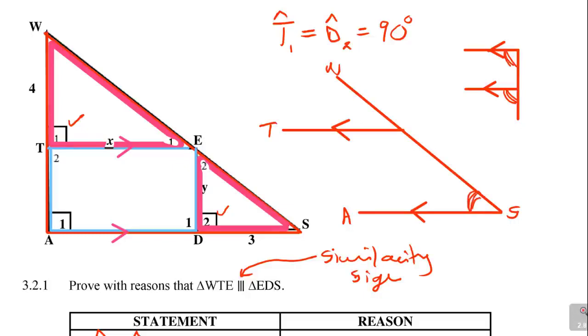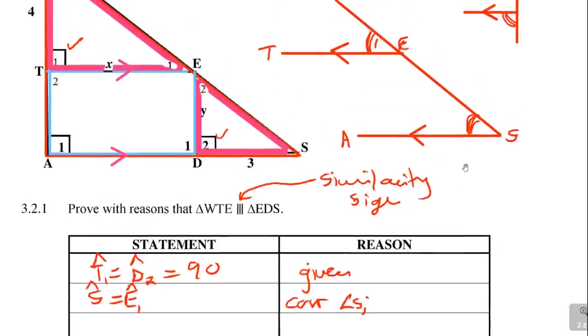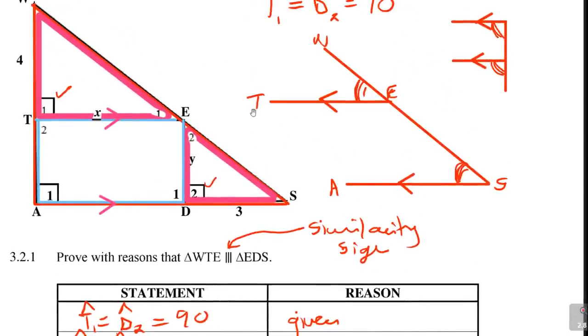S is equal to that one. Do you see that? So this is 1. There is E there. So we can now say angle S is equal to angle E1. Right. And then what is the reason? Corresponding angles. And then you need to give us the pairs of those lines that makes it corresponding there.